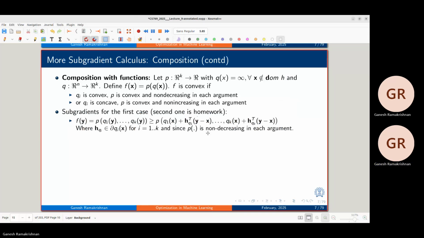So I have the subdifferential of Qk(x), and I'm going to pick one element from that and call it hQk in general. hQ1 is an element of the subdifferential of Q1(x).